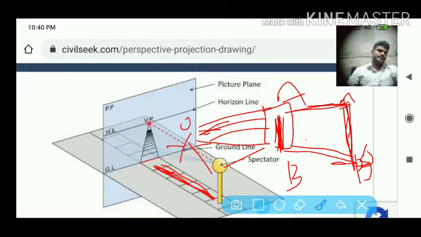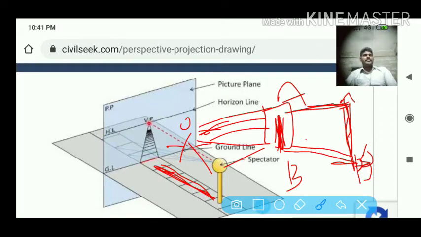For example, stars are far away from human beings, that's why they look very small. In the same way, the actual size of the object is very big, but when you draw it on the screen, it is drawn like a small object.